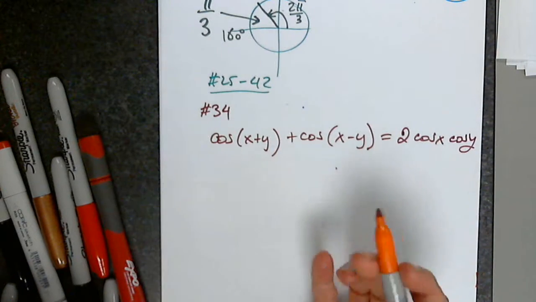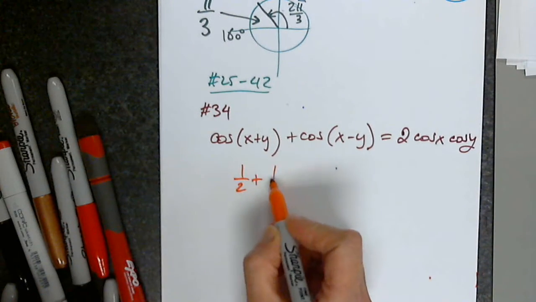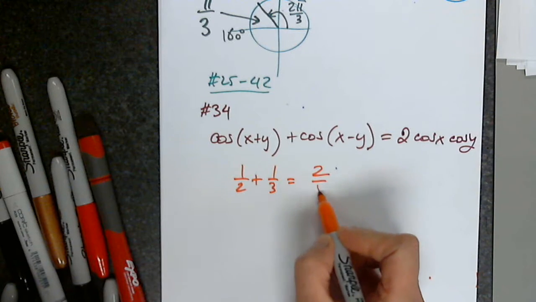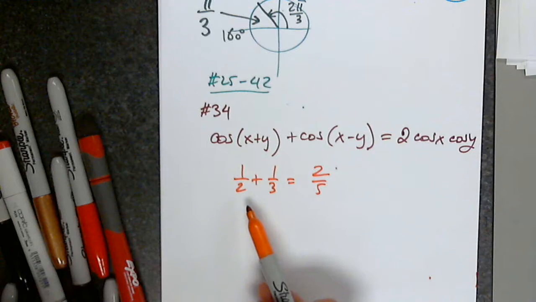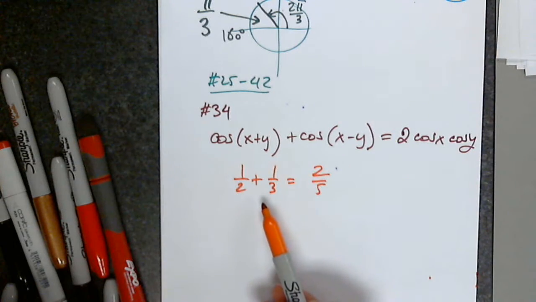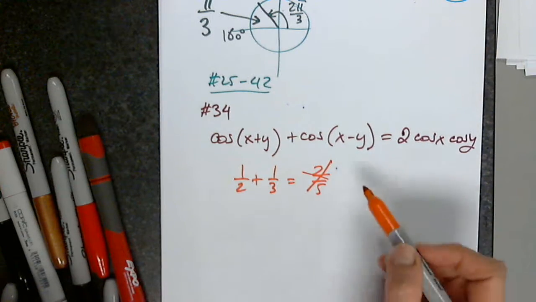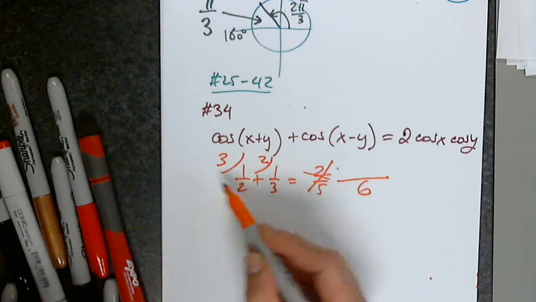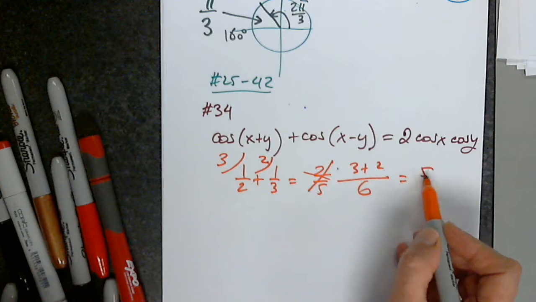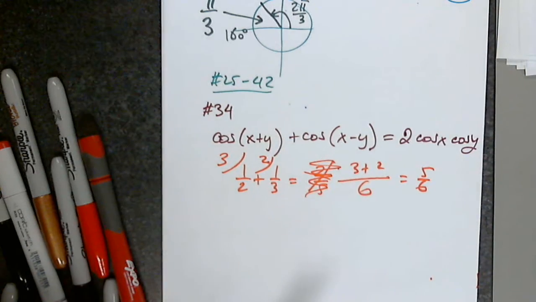It would be a terrible mistake to write 2/5 plus 3 over something like this, right? I have to find the least common denominator, which is a product of 2 and 3. It's not 5, and so on. Then I multiply the top by 3 and the top by 2, so this is 3 plus 2, and the answer is 5/6. I can't do any of that.